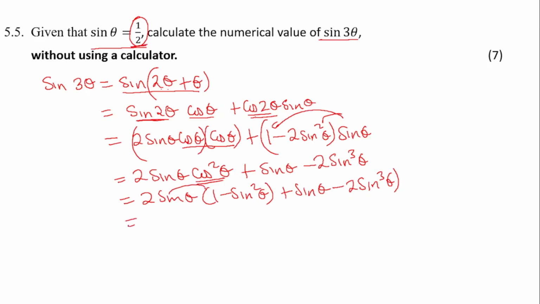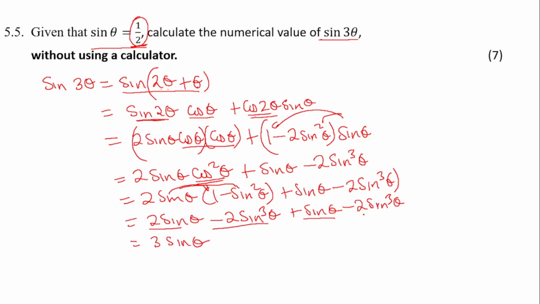Right, we're going to distribute 2 sine theta here, so it's going to be 2 sine theta minus 2 sine cubed theta, and then plus sine theta minus 2 sine cubed theta. These are like terms, so we can add them. What do we get? We get 3 sine theta. These are also like terms, so we get -4 sine cubed theta.